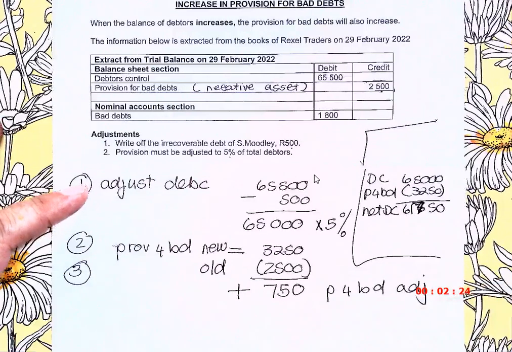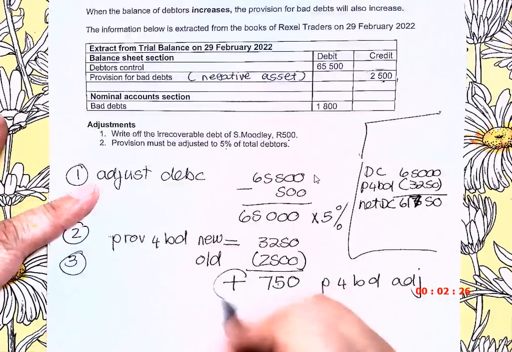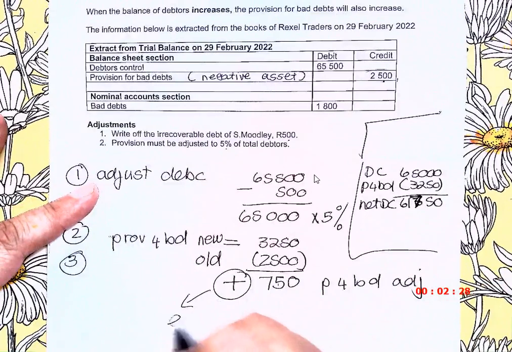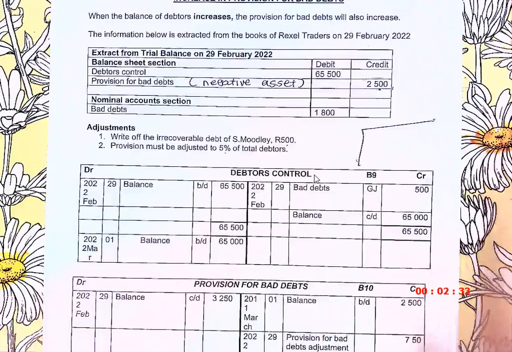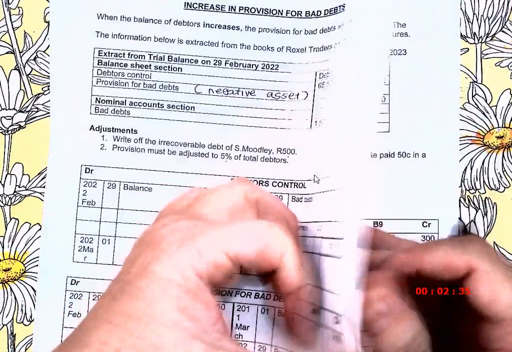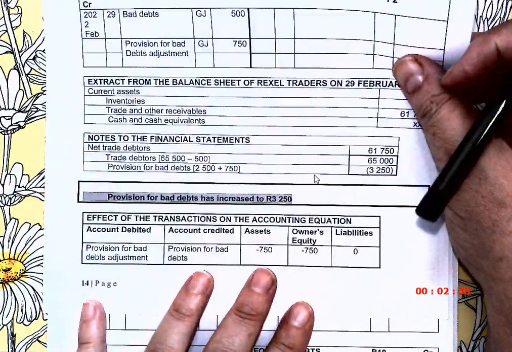Okay, and because I have to increase it, it's going to be an expense. So when I go to my income statement, did they show me an income statement?